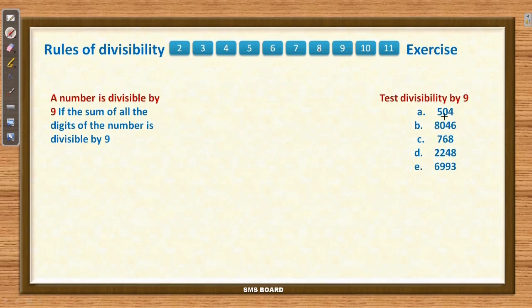First problem is 504. In this number we will see the sum of the digits. 5 plus 0 plus 4 equals 9. If the sum of all the digits of a number is divisible by 9, the number is divisible. So this number is divisible by 9.